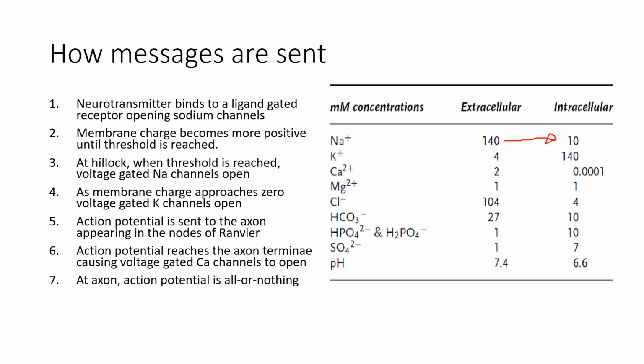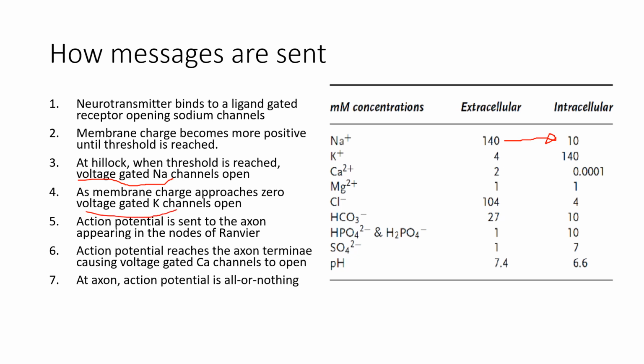Once you reach threshold, at the hillock, all the voltage-gated sodium channels open, causing sodium to enter the cell in that area and reach 0 and continue to go over 0. And then when the charge approaches 0, the voltage gated potassium channel is open.